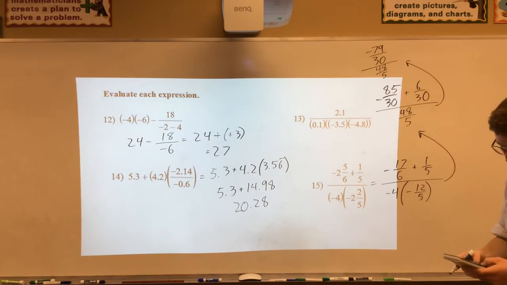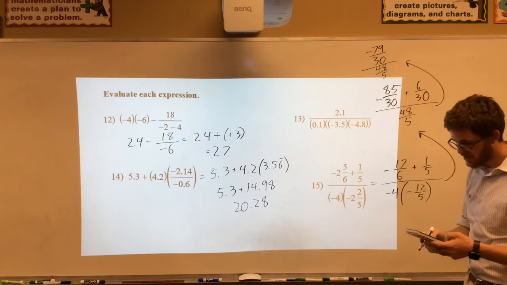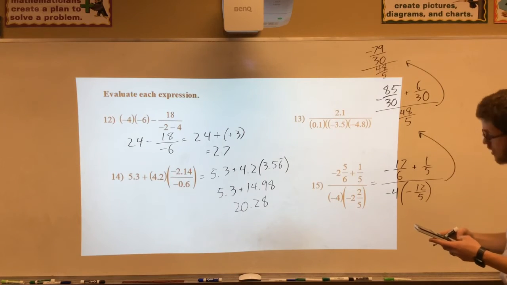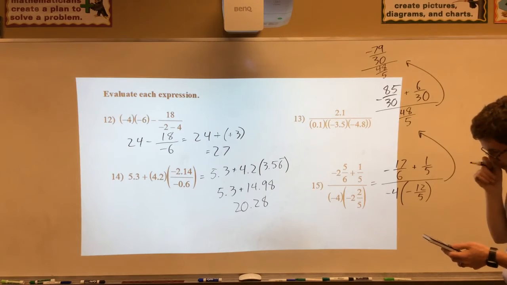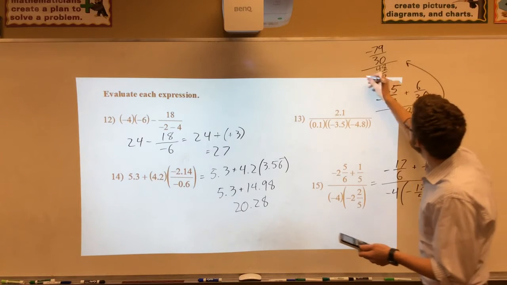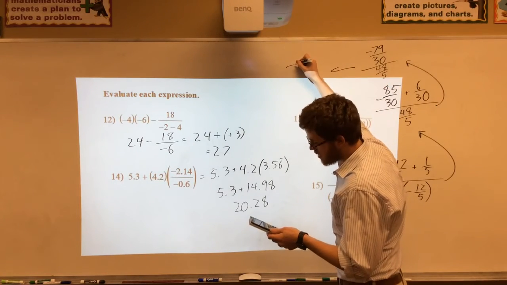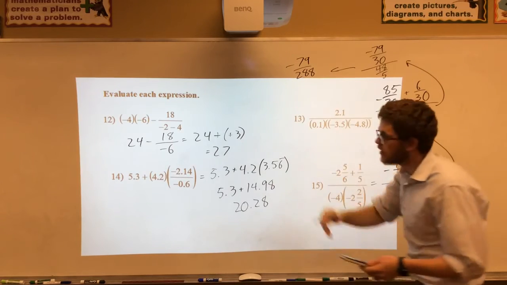So if we keep change flip, we've got 79 over 30 times 5 over 48 should give us a negative 79 over 288.